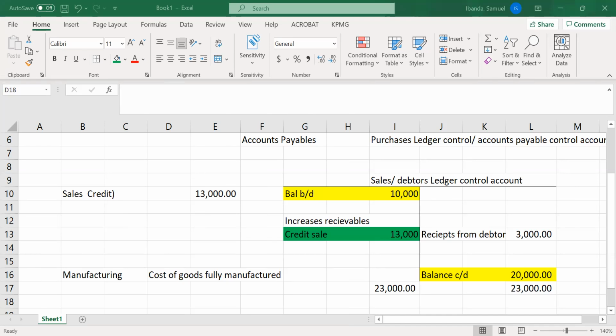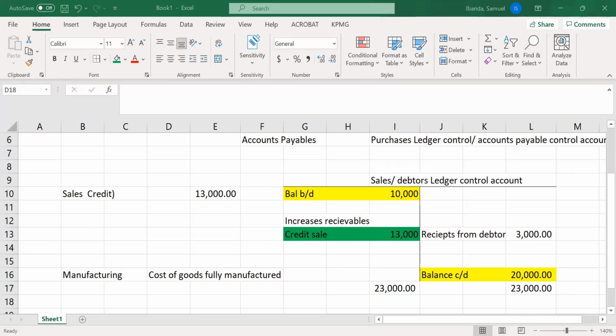So when I'm doing my manufacturing account, I should include it as part of the costs in the manufacturing account statement. It should ideally be included because it is part of the cost of producing the goods.